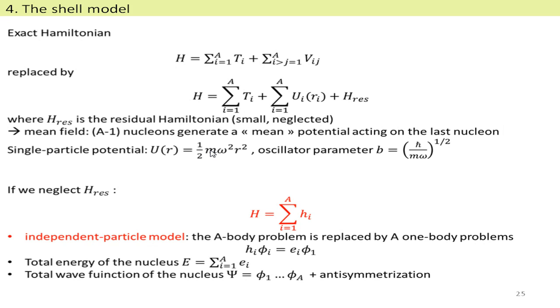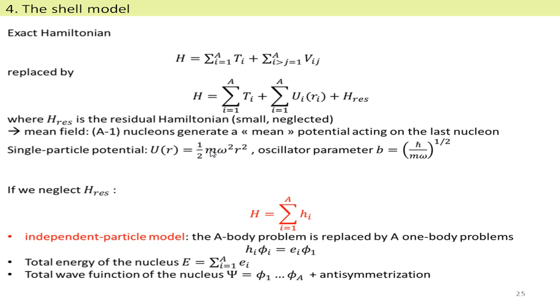So if we neglect this residual Hamiltonian, then you end up with a very simple Hamiltonian, which is a particle independent Hamiltonian. So we replace the A-body problem by A one-body problems. So this is the idea of the shell model.